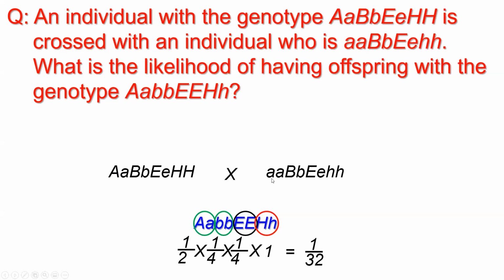A small, no, because we can't. A small, no. So what we have left is 2 out of 4, which is 50%, or half. And you keep doing the same for every single gene, and then you multiply, and you will be able to get the probability of getting this kind of genotype from this cross.